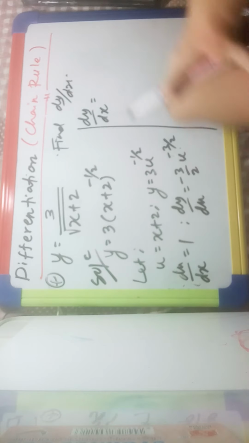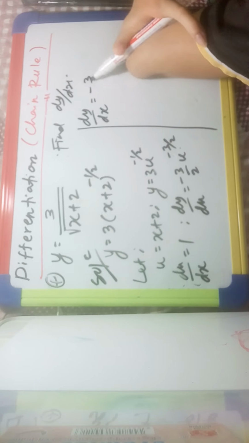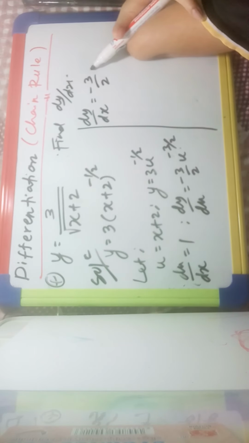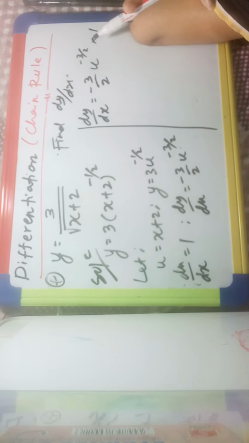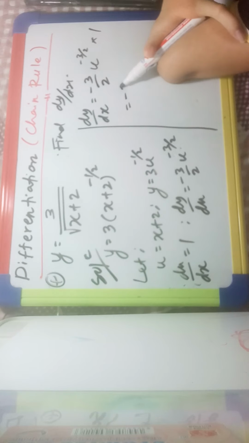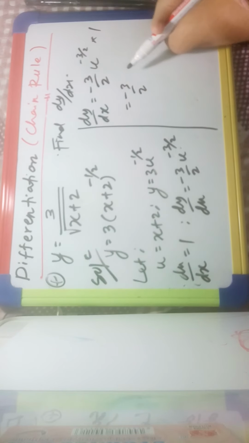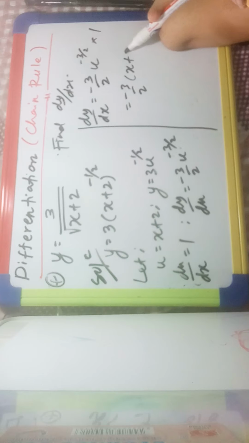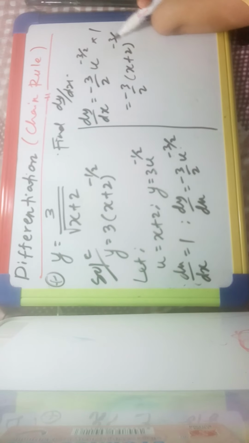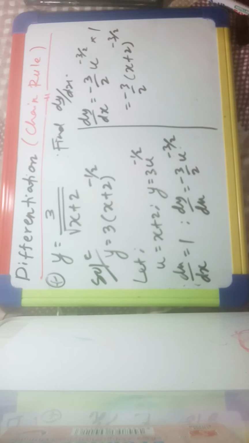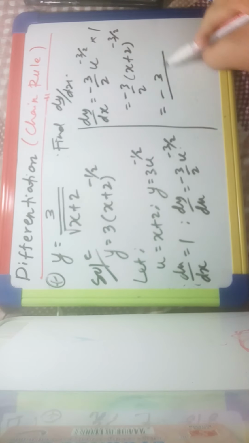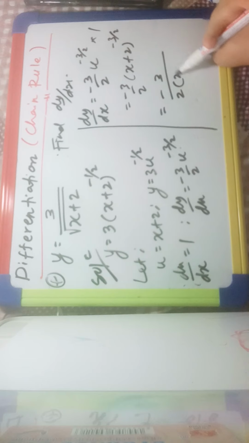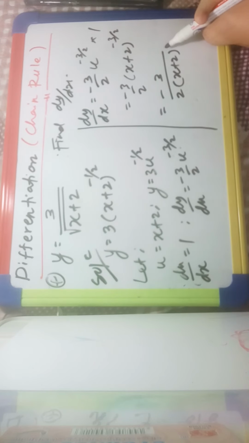Since du dx is 1, so our chain rule is going to be like this, multiply by 1. So negative 3 over 2, what is our u? X plus 2 the power of negative 3 over 2. Then make it in proper order. So negative 3 over 2 bracket x plus 2 the power of 3 over 2.